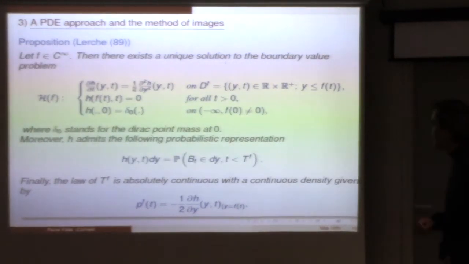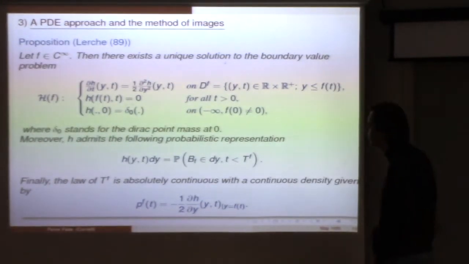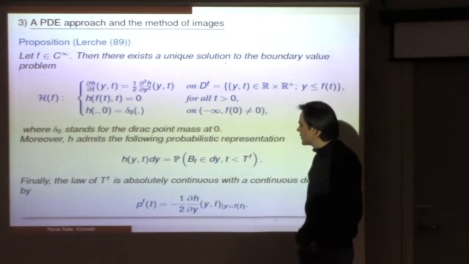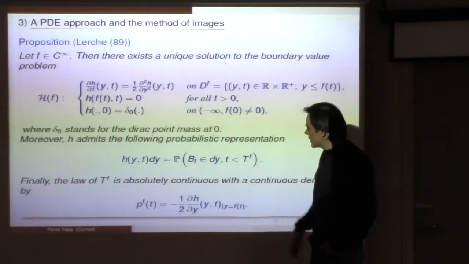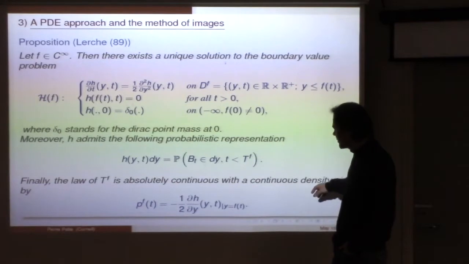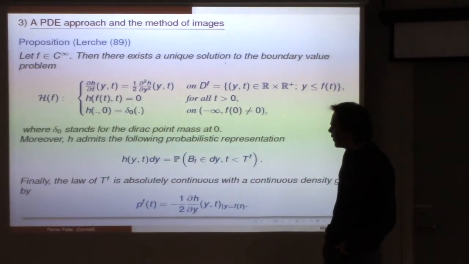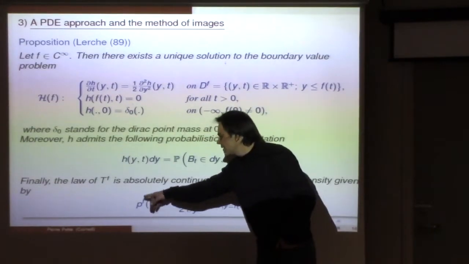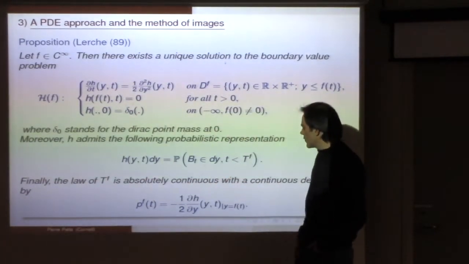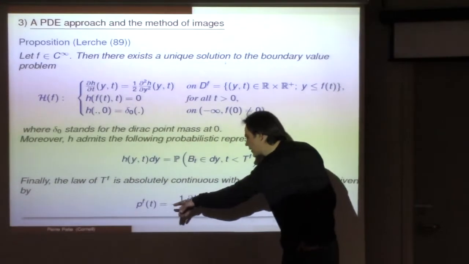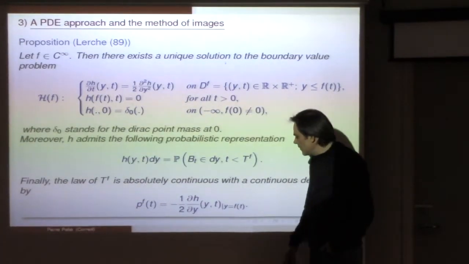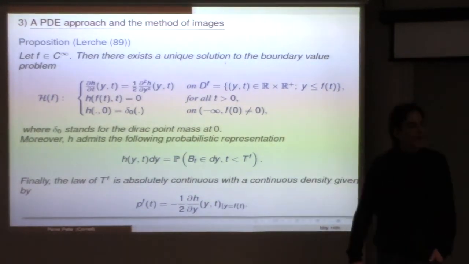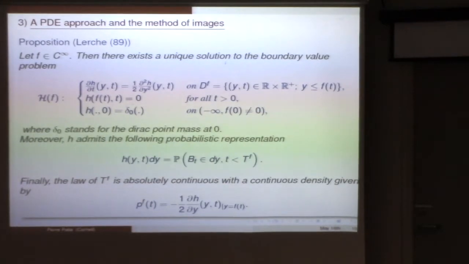Then integrating this term with respect to the space variable and differentiating with respect to t, what you obtain is that the law of T_f, the first passage time, is continuous with density, which I denote by p_f(t), and which is simply minus 1/2 of the partial derivative of the solution of this boundary value problem at the point f(t).